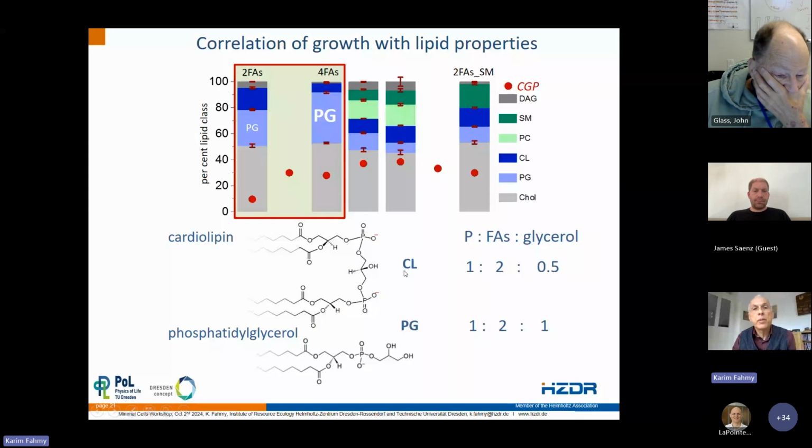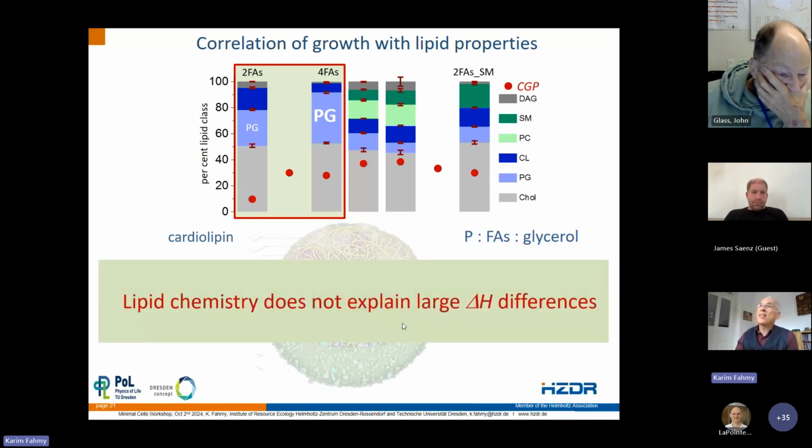Cardiolipin, for example, which is more dominant in the 2FAs, would be picking out only one C3 metabolite for 4 lipid side chains. So I think from a chemical point of view, it's more efficient to do cardiolipin than phosphatidylglycerol, but nevertheless, the more resource demanding lipid still enhances the growth.